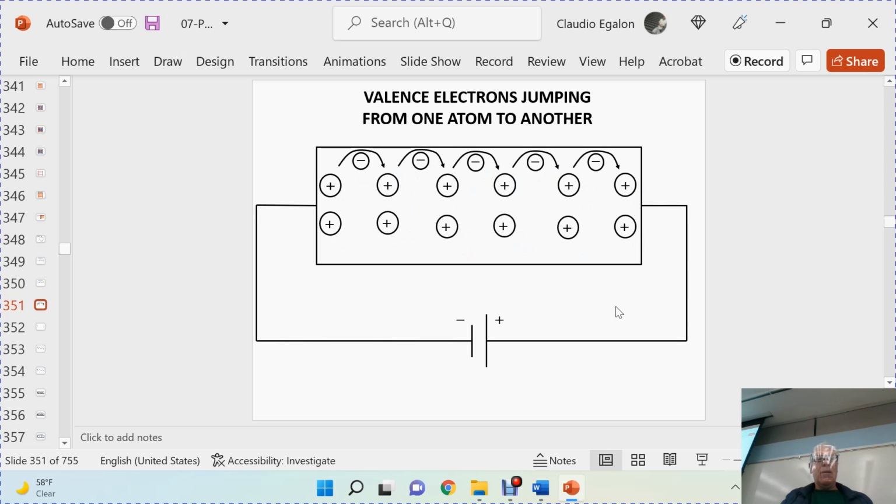So here you go. Here I have my metal, my copper cable. I'm representing only the valence electrons, not the inner electrons. And I apply a potential difference. This guy here is a power supply. The positive side of the power supply is going to attract the negative electrons.